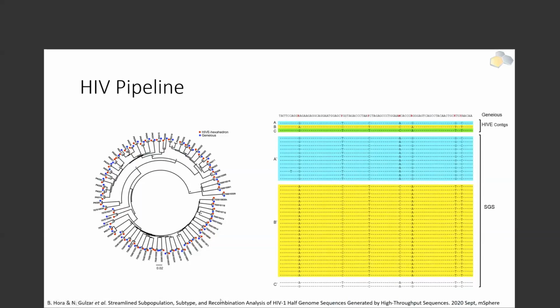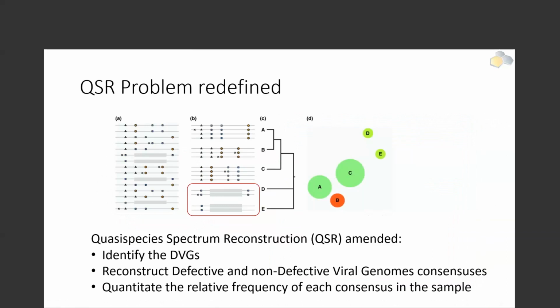The whole point, though, is that we've studied quasispecies significantly, and we've also studied DVGs significantly, but we haven't really focused on the combined problem, right? The key point here, something that hasn't been communicated often in the world of quasispecies spectrum reconstruction algorithms, is the challenge of big insertions and deletions, let alone copy-back DVGs that have even more complicated coordinate systems.